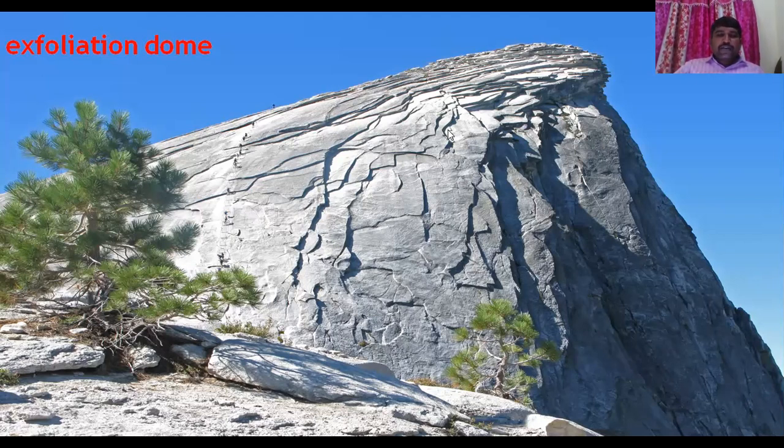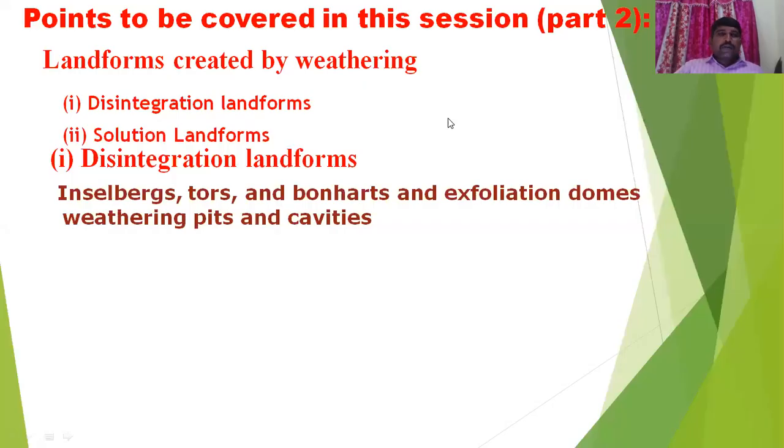It means when the top layers of the rock are removed like the peels of an onion, then these exfoliation domes are formed.